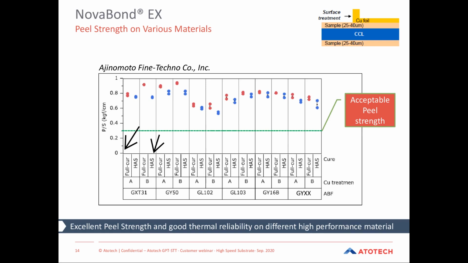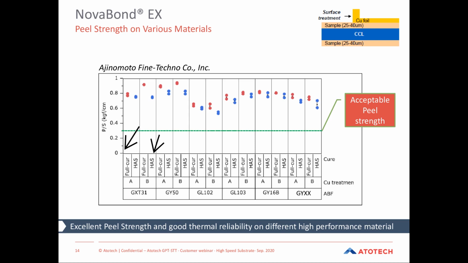You can see that all of those materials tested with Novabond EX have a good, really high peel strength, much higher than what our material supplier, Ajinomoto with the ABF, requires.